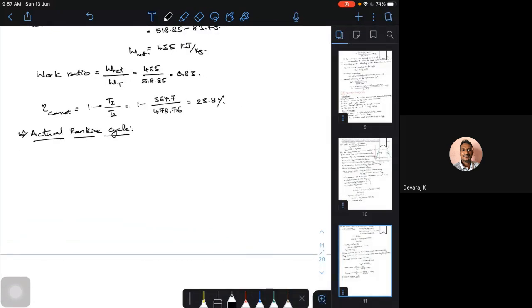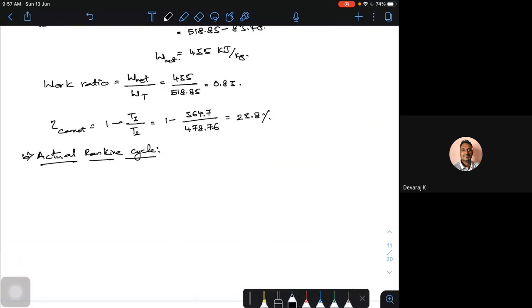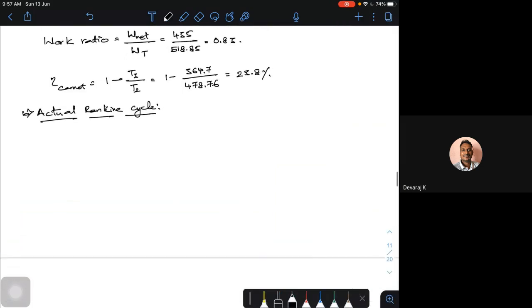So let's put both the TS and HS diagrams for this and try to understand it. If I put a TS diagram, it will be like this. I have temperature on the y-axis and entropy on the x-axis. Then I need to put a dome.